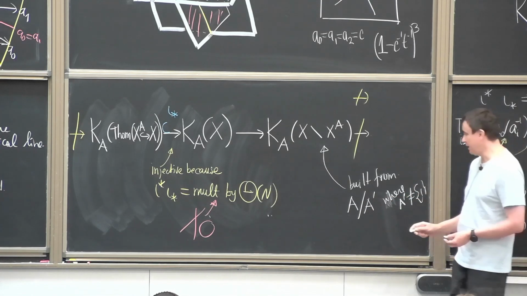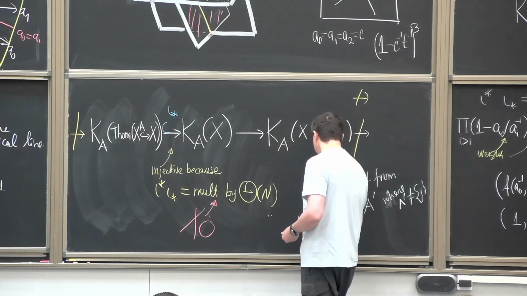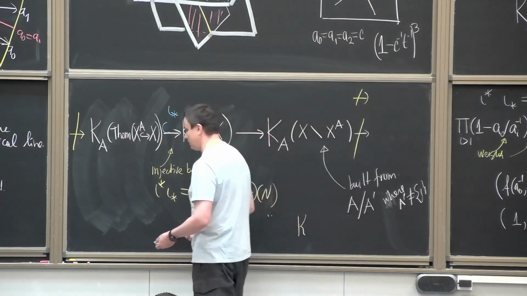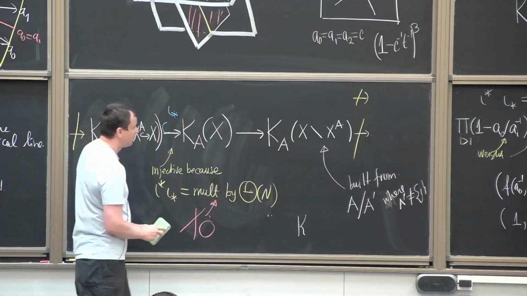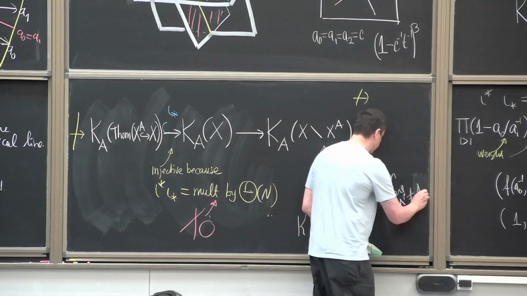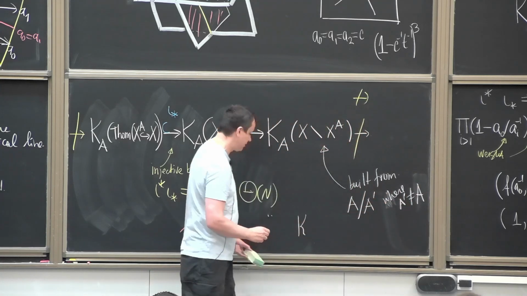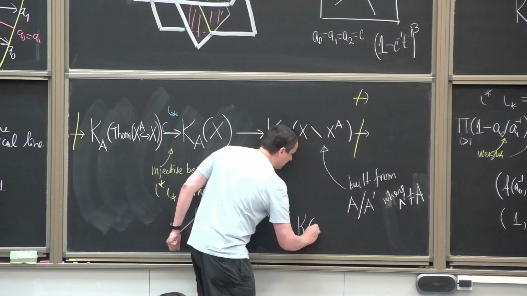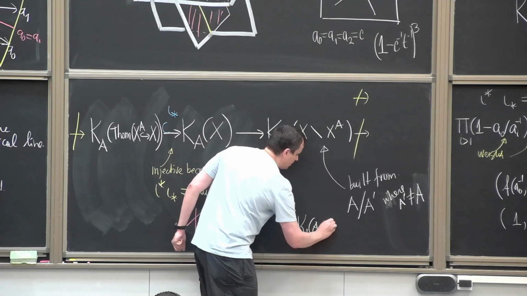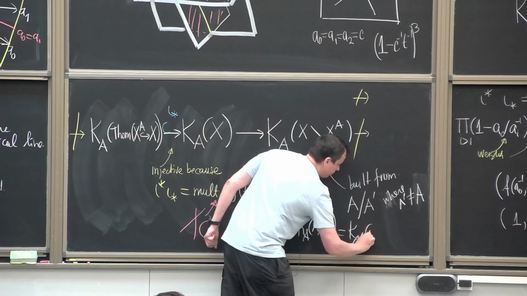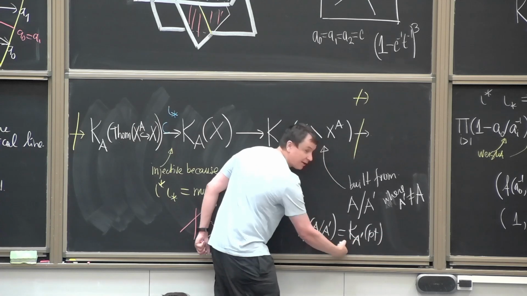But equivariant K theory of, sorry, where A prime is not the whole group. So it has no trivial orbit, not the whole group. But the equivariant K theory of A mod A prime is the equivariant A prime theory of the point. So this is just functions on this A prime.